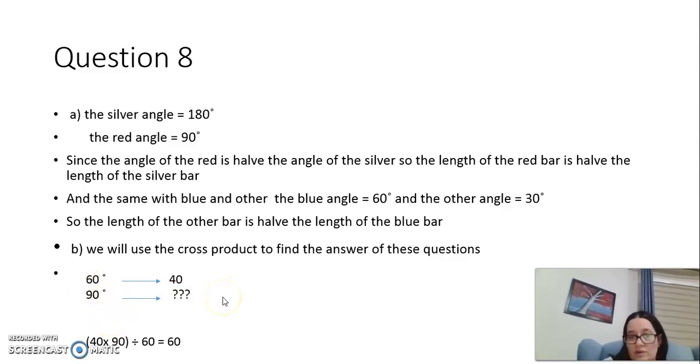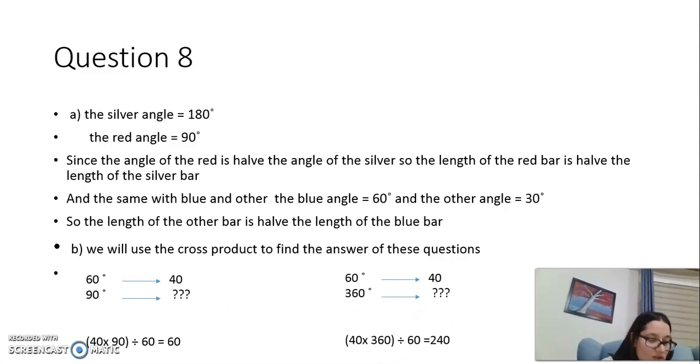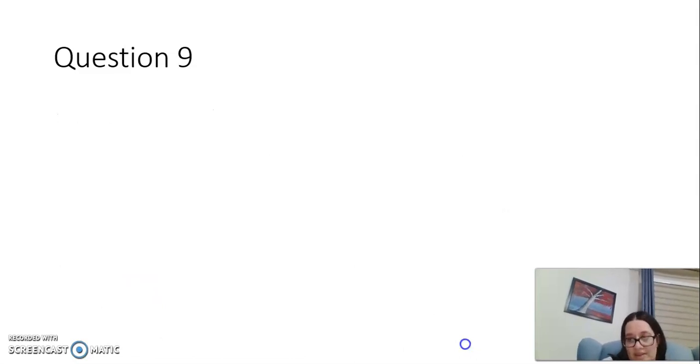So again, we are going to use what? The cross product. 40 times 90 divided by 60 equals 60 cars. For the 360, which is the total number, 40 times 360 divided by 60 equals 240 cars. This is for above. For C and D, you can write any advantage you can see.